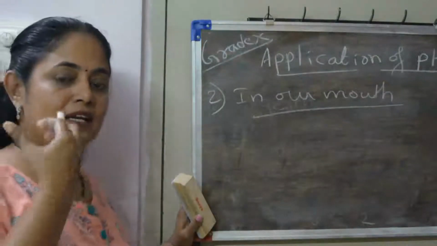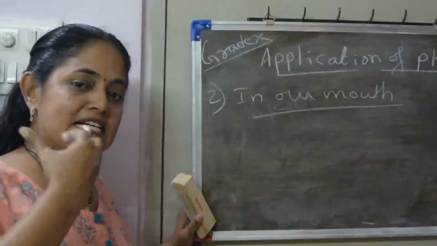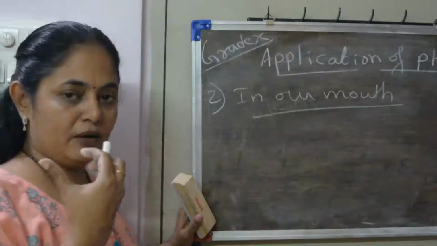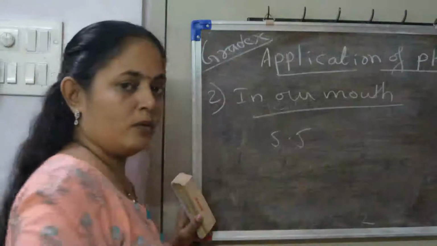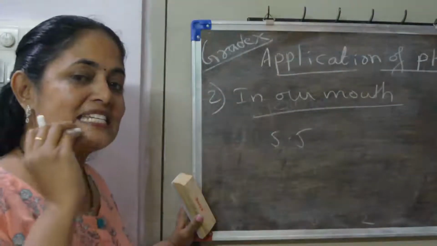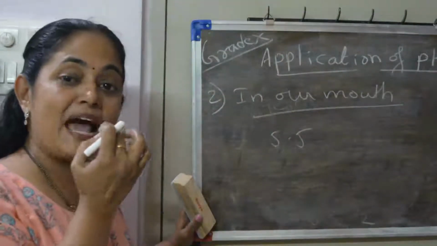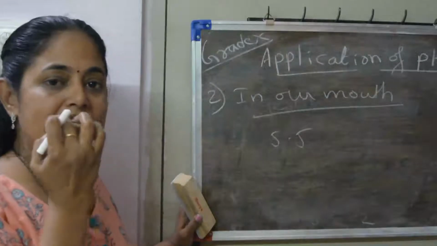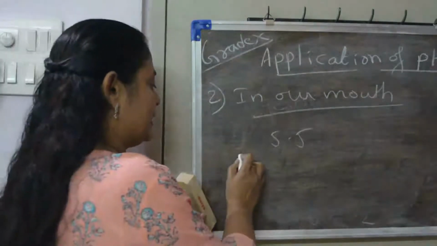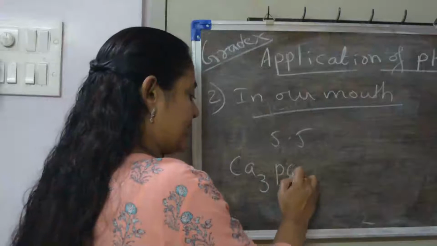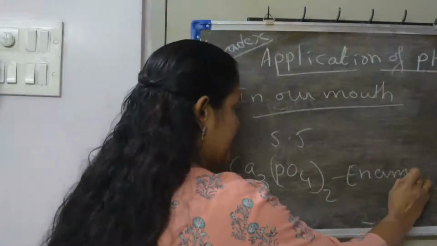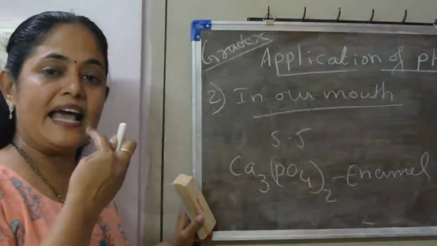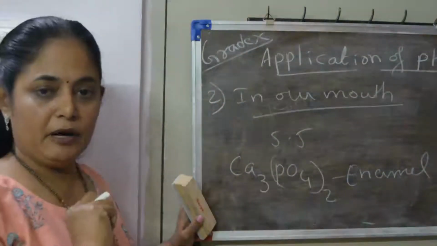If we don't clean our mouth, acid content increases inside our mouth, and when the pH becomes less than 5.5, this acid starts corroding the enamel of the teeth. You know that white enamel is actually calcium phosphate, and it gets corroded by the acid produced inside the mouth.